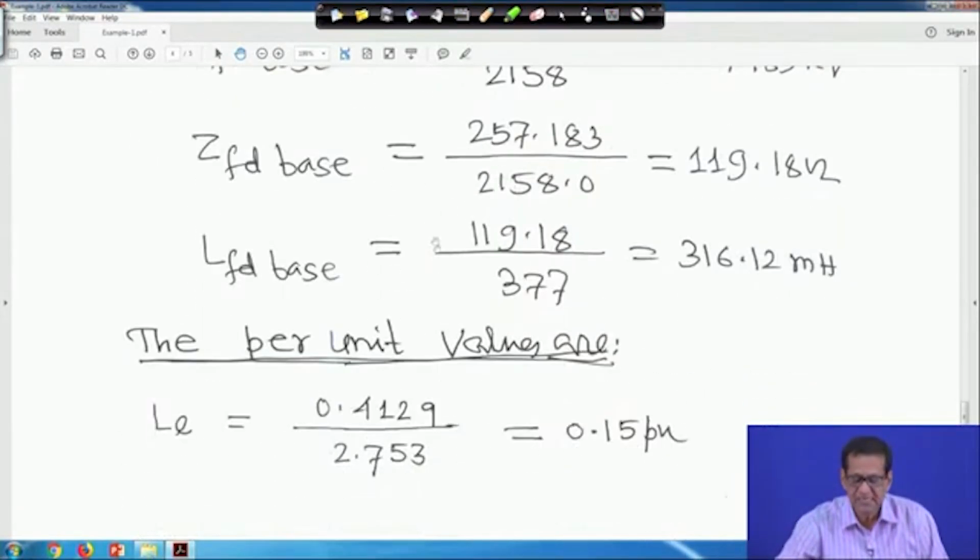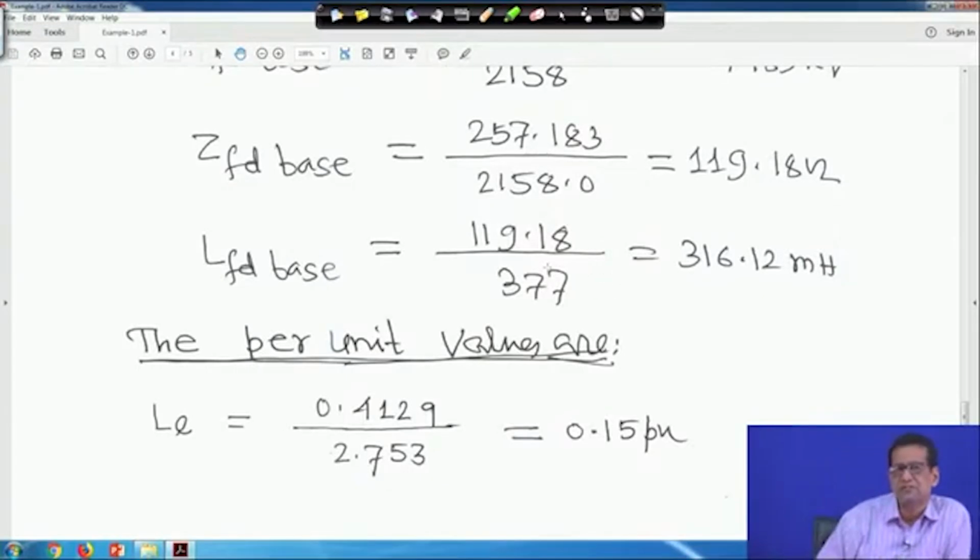Then LFD base will be simply ZFD base upon omega, so 119.18 upon 377 is equal to 316.12 millihenry. Now all these base quantities we have determined. You just have to follow step by step how to determine all these things.